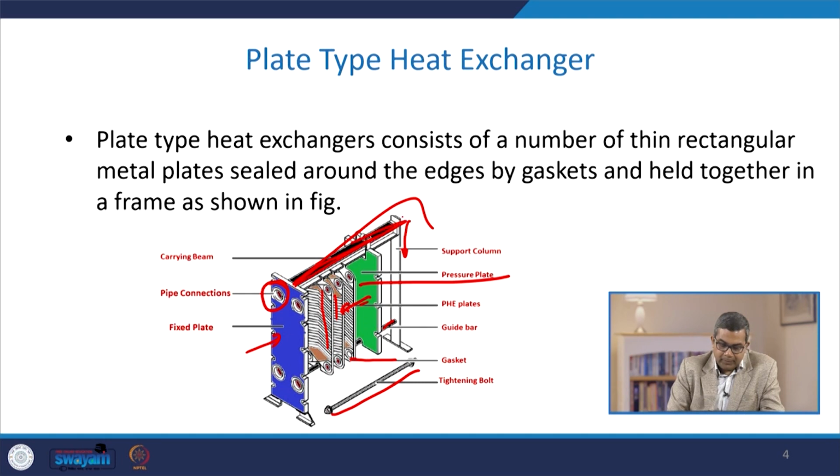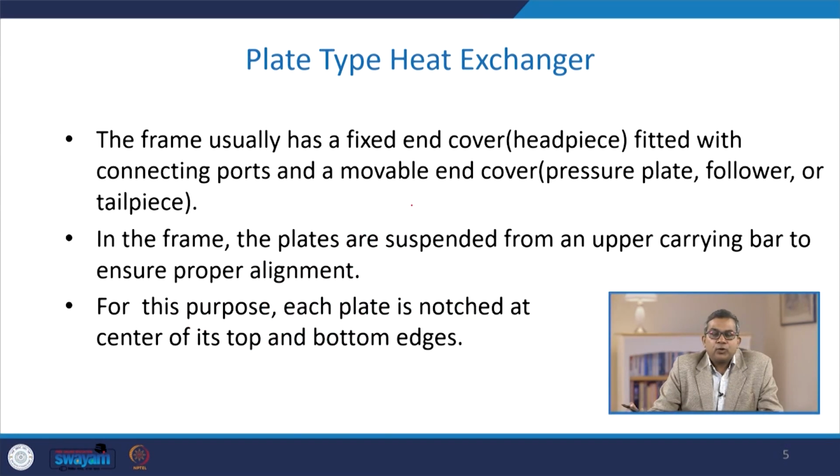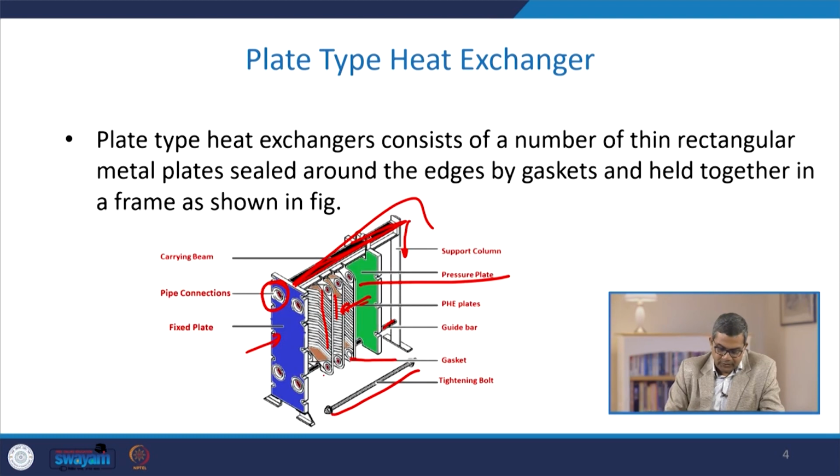This is the upper carrying bar to ensure proper alignment. For this purpose, each plate is notched at the center of its top and bottom edge. Here you can see these.